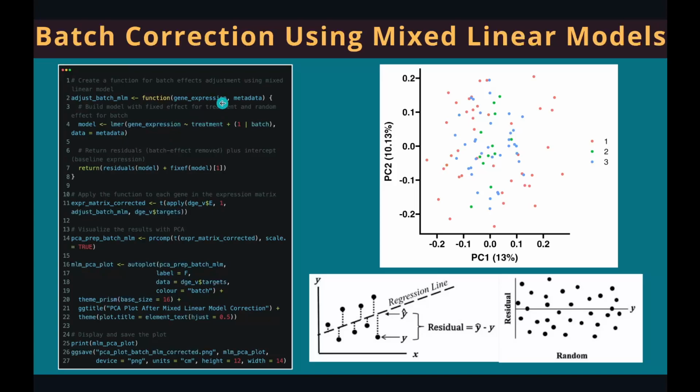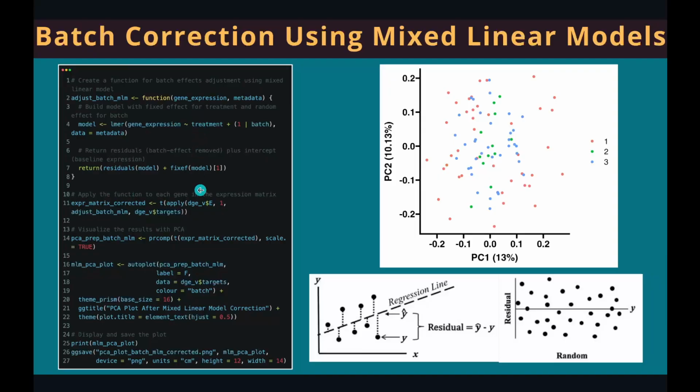We put the gene expression in a mixed linear model in this format. That means we're going to model the treatment and the batches, and we also feed the metadata into the linear model. And next we take the residuals and add the average expression of the entire dataset to make a new expression value.